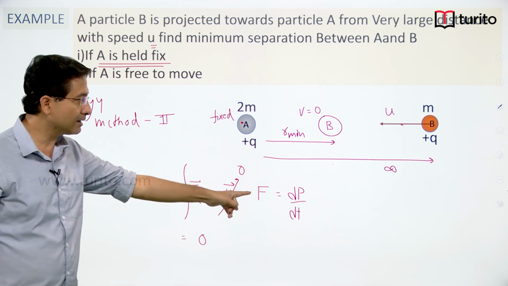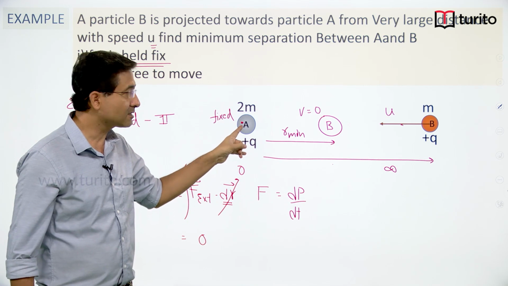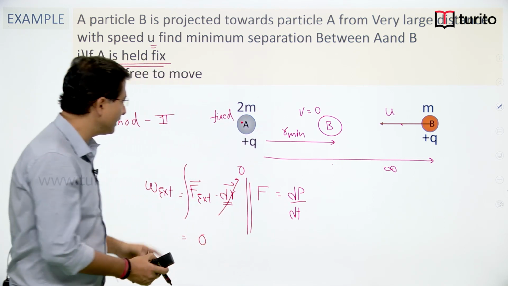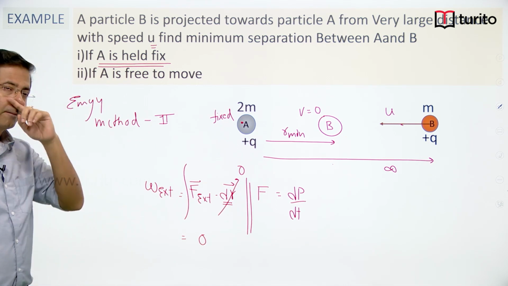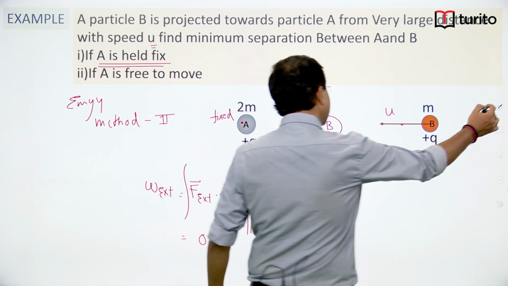Force changes the linear momentum of the system, but as the point of application is not getting displaced, force is not doing any work. So as force is not doing work, I can conserve the mechanical energy.